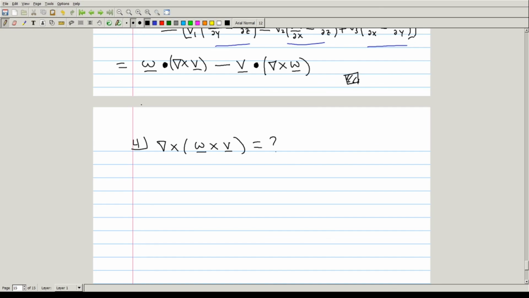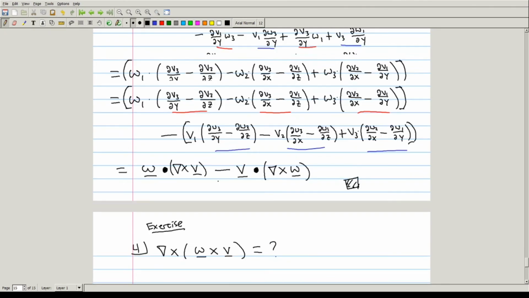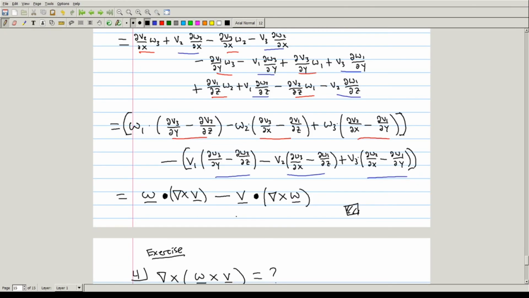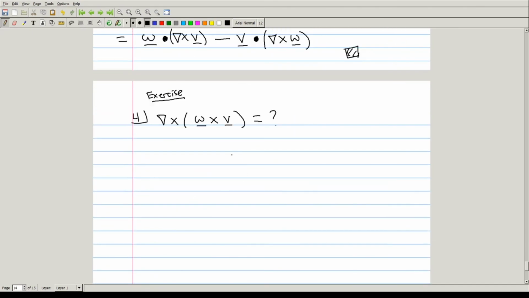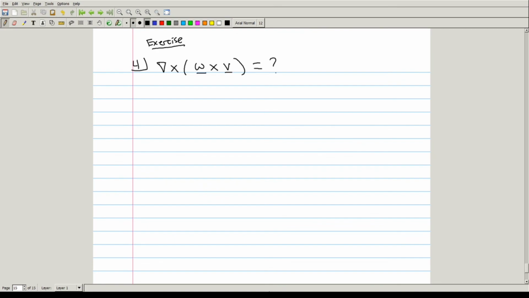And I'm going to leave this to you as an exercise. It'd be a great thing to go through and do. It'll be long, right? Showing what it's going to be equal to is going to be a little bit long, similar to this right here. But the idea is that it's definitely possible to do, and it's a great exercise to become familiar with using the cross product and the curl and the divergence and all of these vector operations.